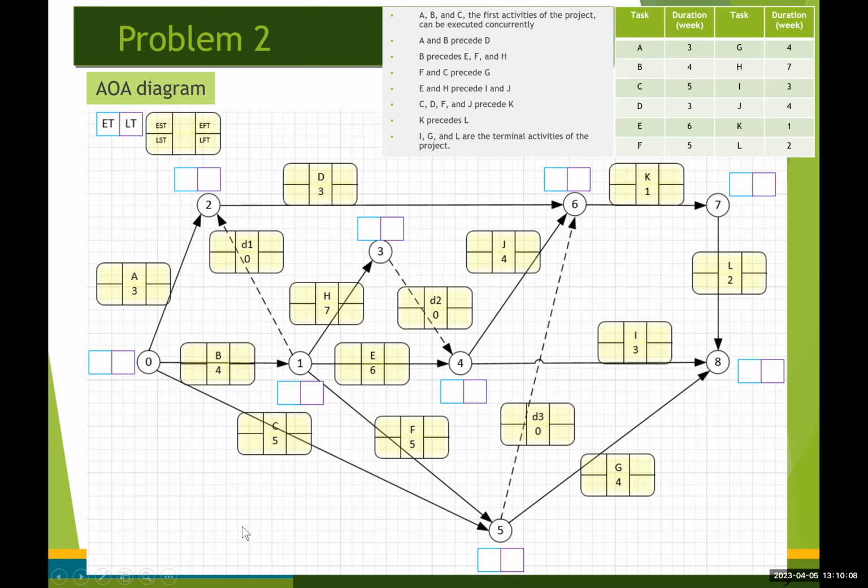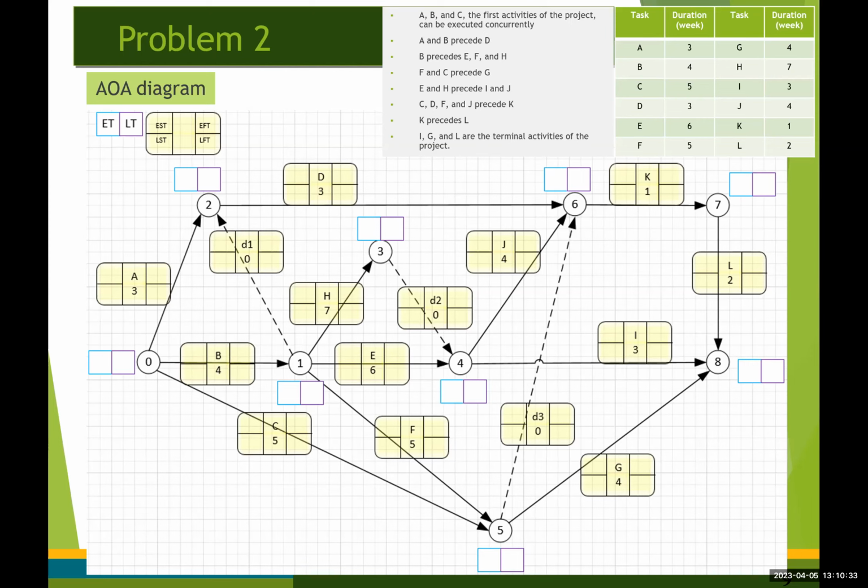And one thing I'd like to mention at the moment is, for any case, you better utilize the smaller number of dummy activities if possible.